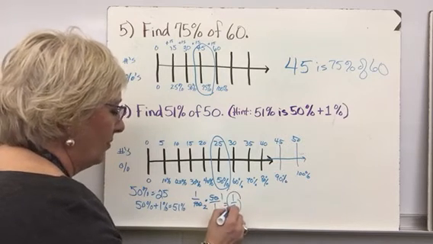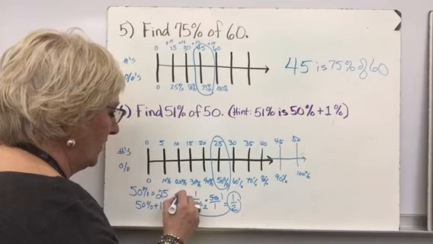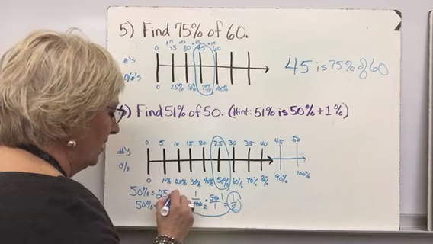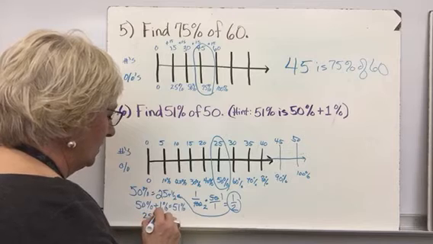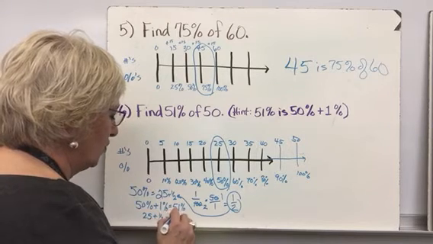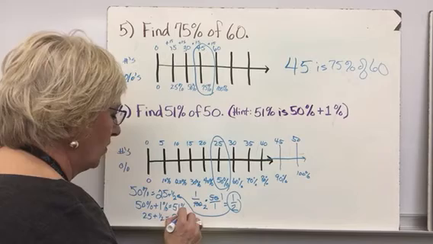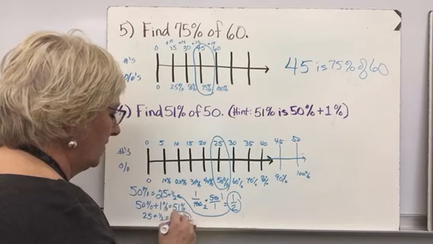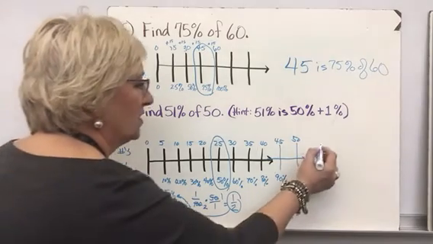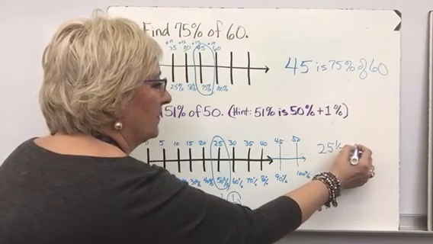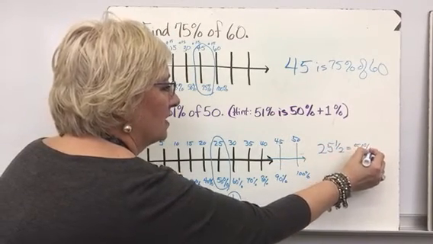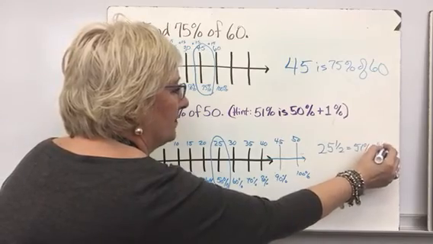So 1/2 plus my 25 should equal 25.5, which is what 51% equals. So 25 and 1/2 equals 51% of 50.